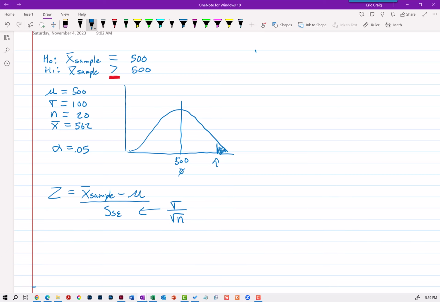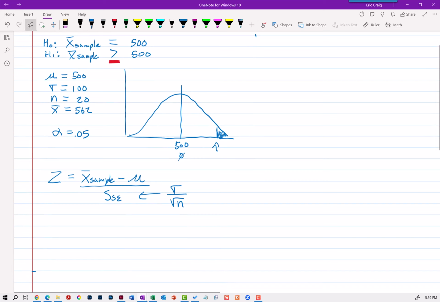Okay, so we can do some calculating now. Our standard error is going to equal 100 over the square root of our sample size, which is 20. If you do that little bit of arithmetic, you're going to come out with a value of 22.36 or thereabouts.